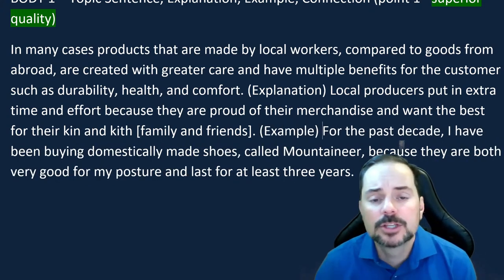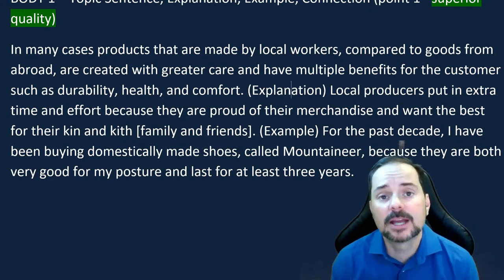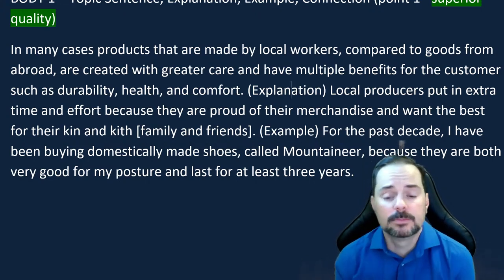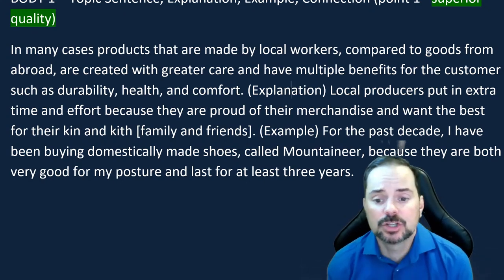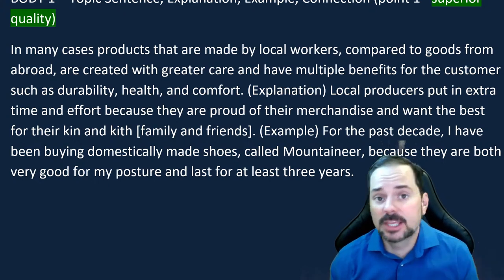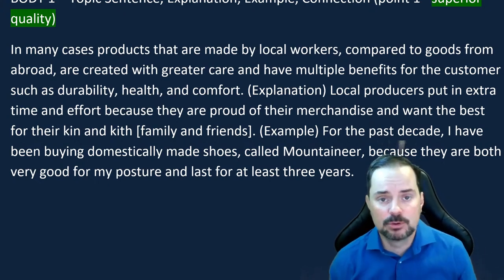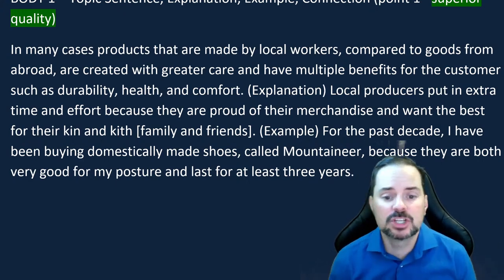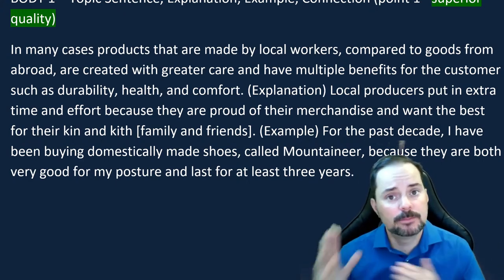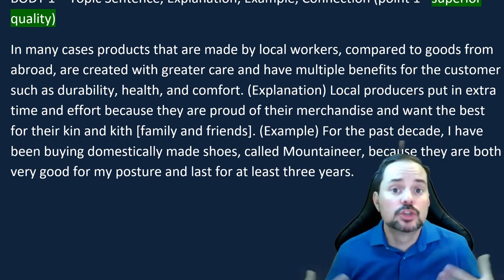So here I'm going with shoes. I think shoes are a great way to make that comparison of local quality compared to international. This is enough. I just came up with this example, and it's a specific visible example to support my explanation. Supporting your posture is a fancy way of saying it's good for health.